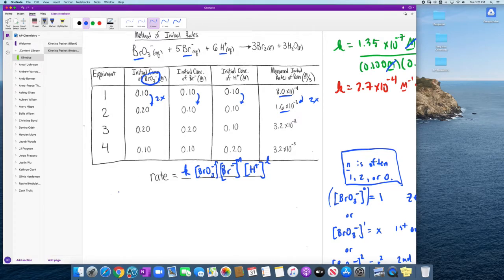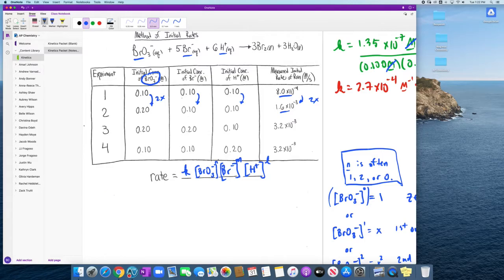And so there's 2 ways you could justify this in a free response problem on the AP exam. You could state it in words, or you could show the ratio of those 2 experiments like we did yesterday. So let me do it mathematically, and then I can state it in words clearly.